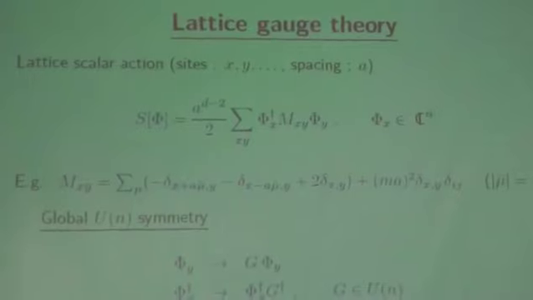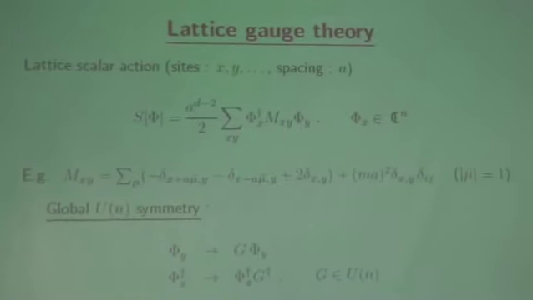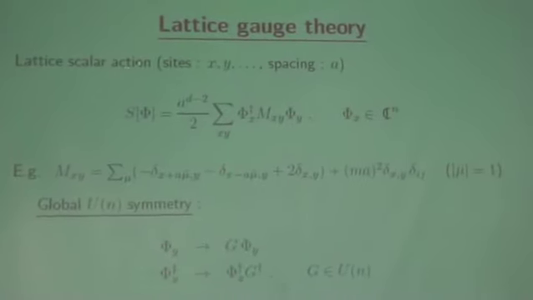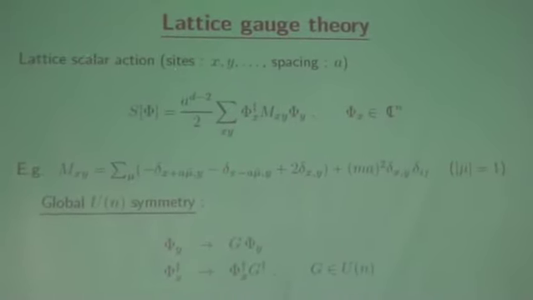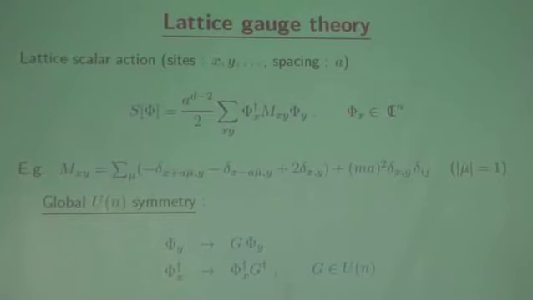So now let's come to the lattice. Let's say we have again the same scalar action on some discrete sites now, which I call x, y, etc., with a lattice spacing a. Then the initial scalar action without gauge fields can be written in this schematic form.